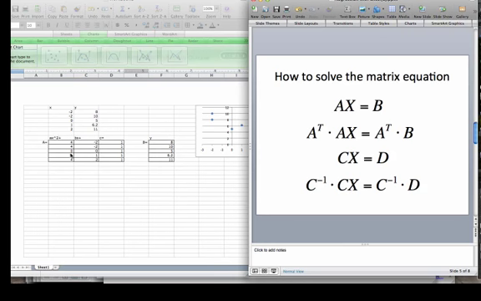And the way I square it up is by multiplying by the transpose on both sides of the equation. So I'll need to find the transpose of A. I'll use Excel to do that. And then I'll multiply the transpose on both sides of the equation. When I multiply A transpose times A, I'll get a new matrix that is a square matrix, and I'm going to call that matrix C.